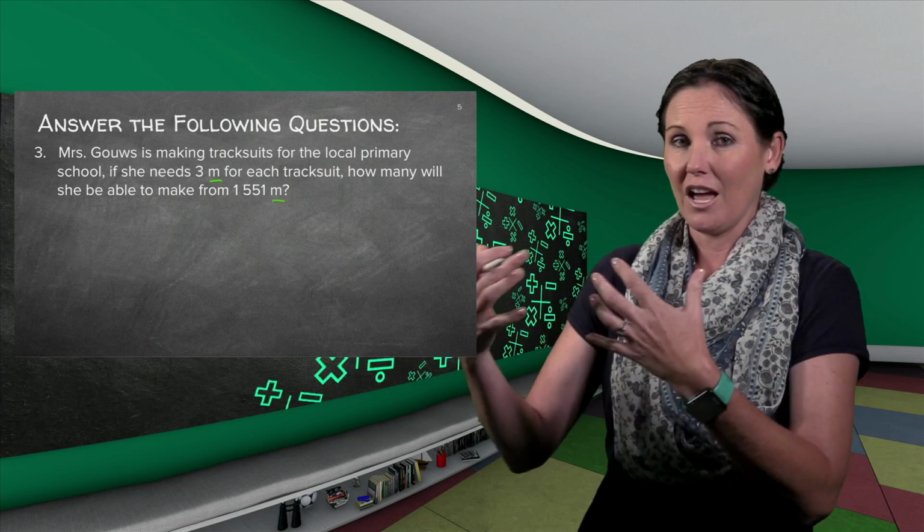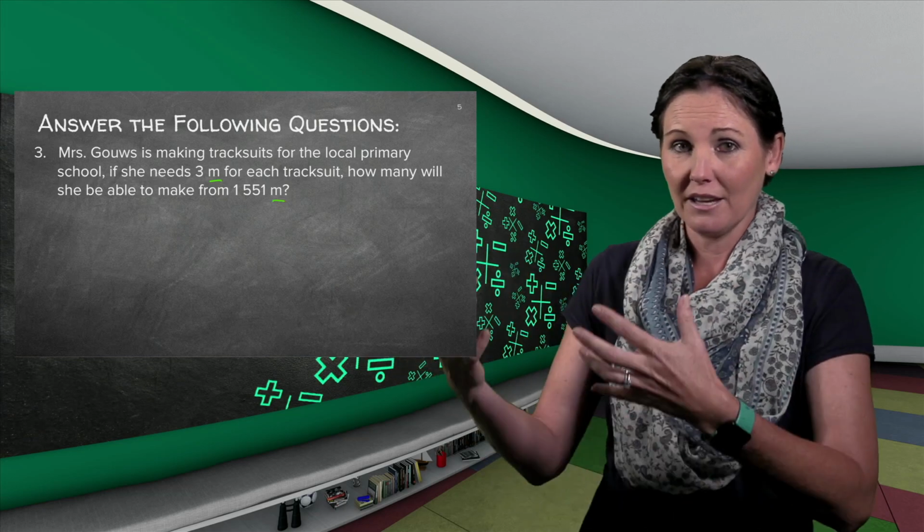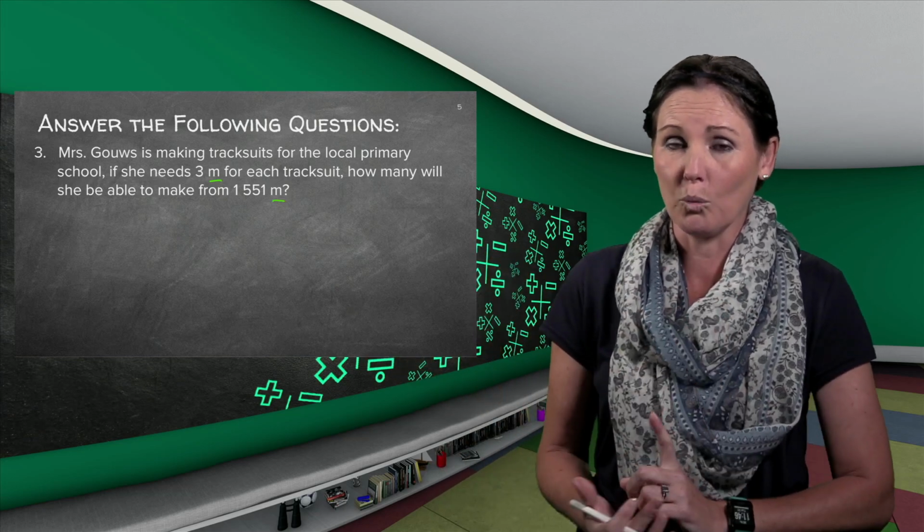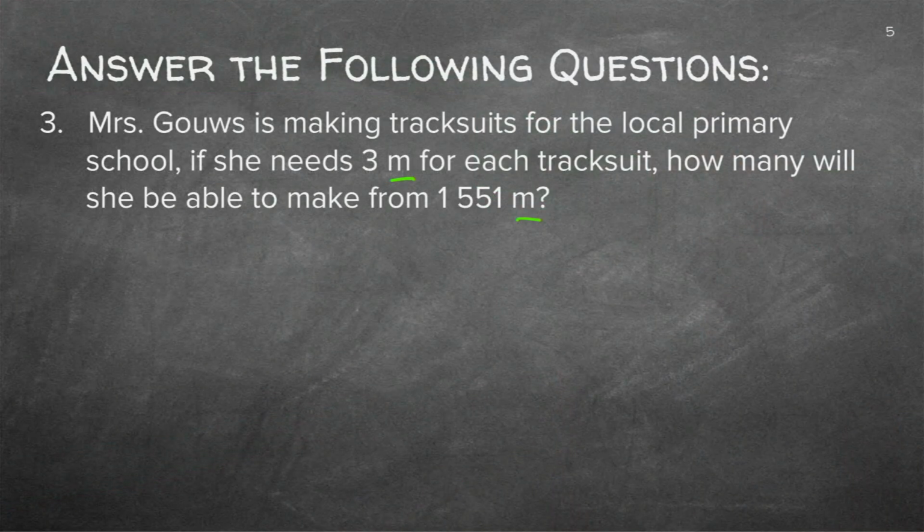So, how many tracksuits can I make if I need 3 meters for one? It's division. So now I say 1,551 meters, and when I do division, I'm not going to write my unit there. I'll write it at the end. Divided by 3, because I've got so many meters, but I need only 3 for one tracksuit. So I need to divide.